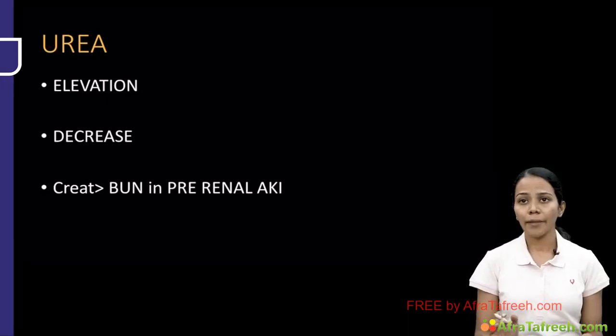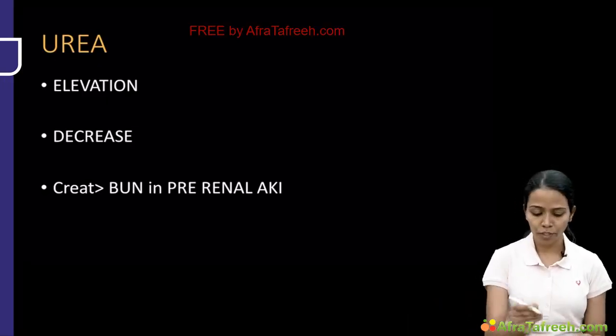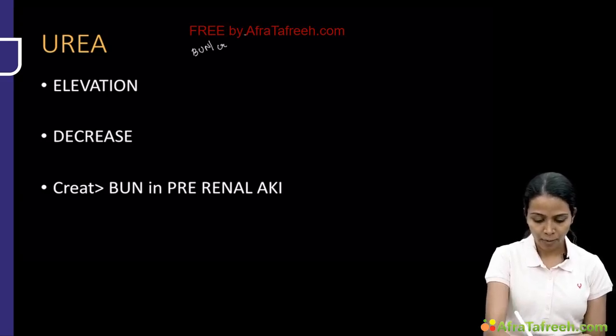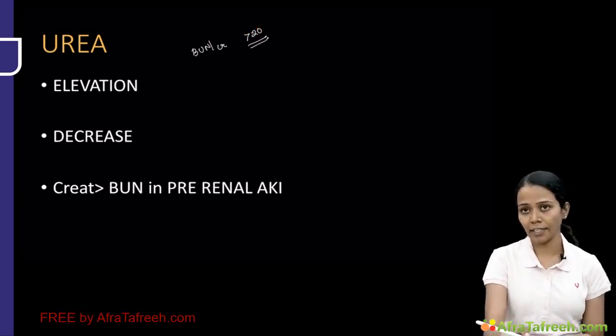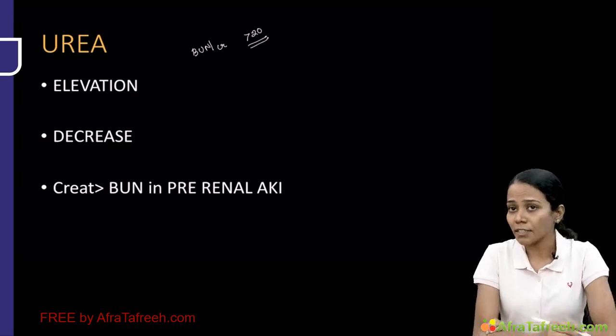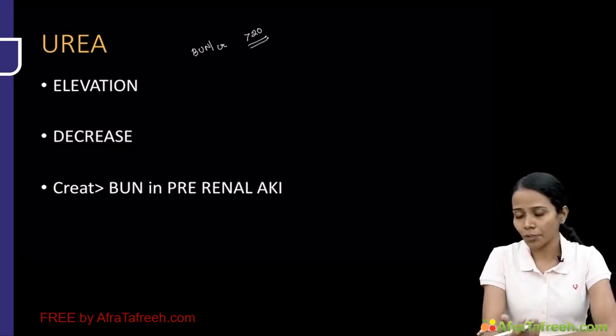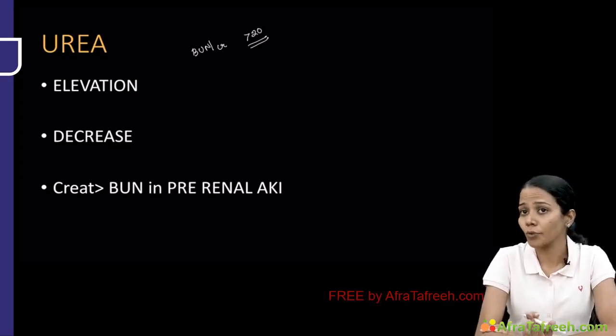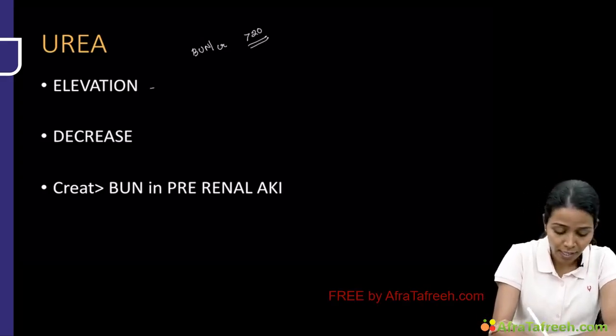Okay. Now coming to talk about urea. So we know that the urea or the BUN to creatinine ratio is more than 20 in prerenal AKI. Okay. But that is because urea rises disproportionate to creatinine. But there are conditions other than AKI in which BUN or urea rises disproportionately. This is when we are using steroids.